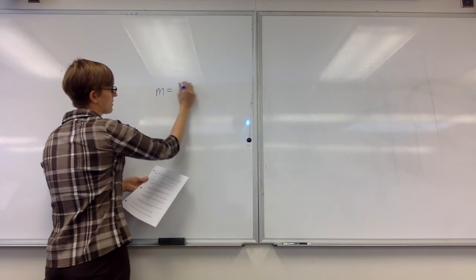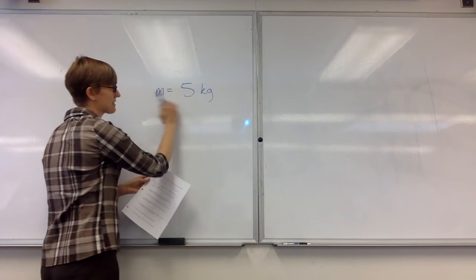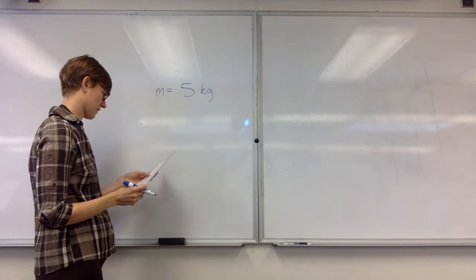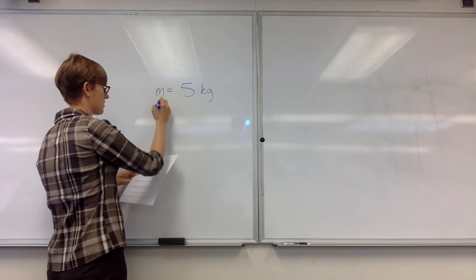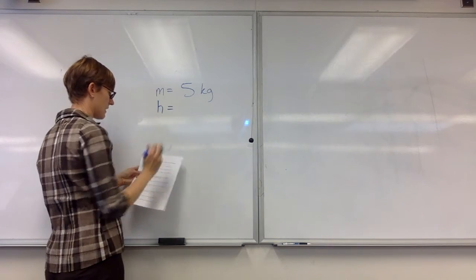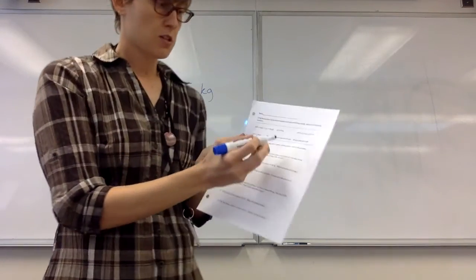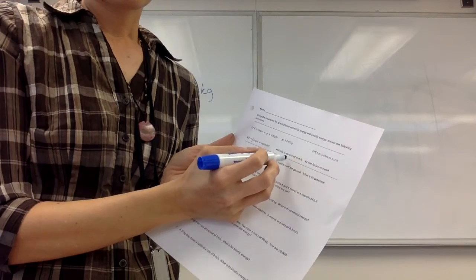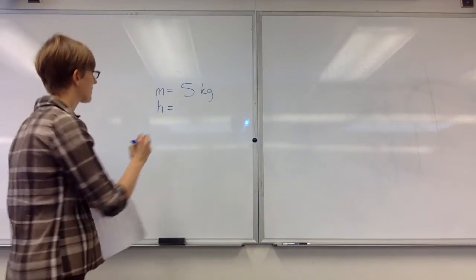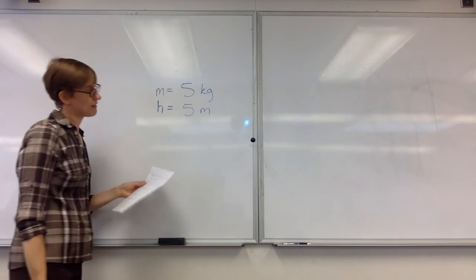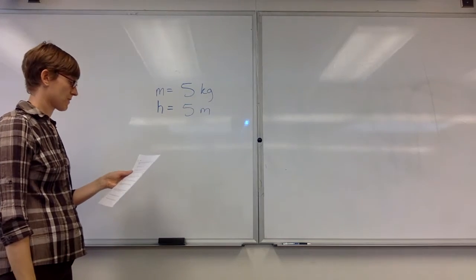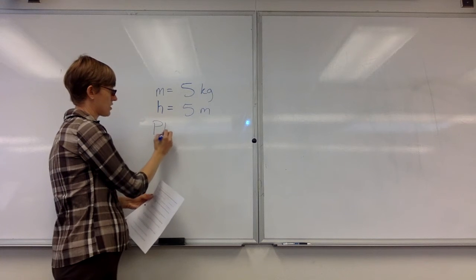So I'm going to go ahead and write my notes on that one. Mass is 5 kilograms. And it says it is 5 meters off the ground. So I know that meters refers to height. So I might in my notes, circle meters and put an H above it for height. Or I might write it this way. 5 meters is height. We want to know what the potential energy is.